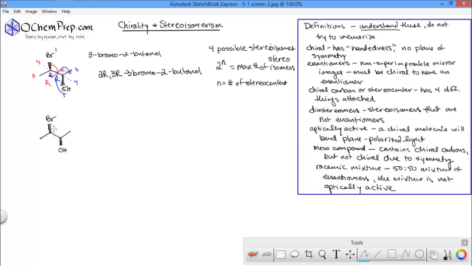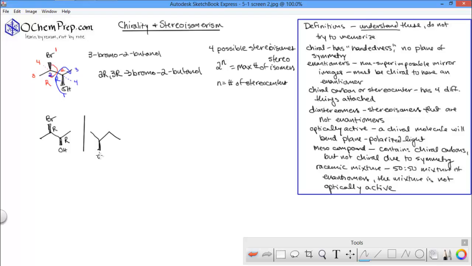So I've redrawn it again right here, and we're going to find all of those 4 stereoisomers. I'll label this as R, and this is R. And now let's reflect this molecule through a mirror. So here's the mirror, and we're going to draw it just like we would see it on the other side of a mirror. So down, up, down. Let's make sure it looks nice.